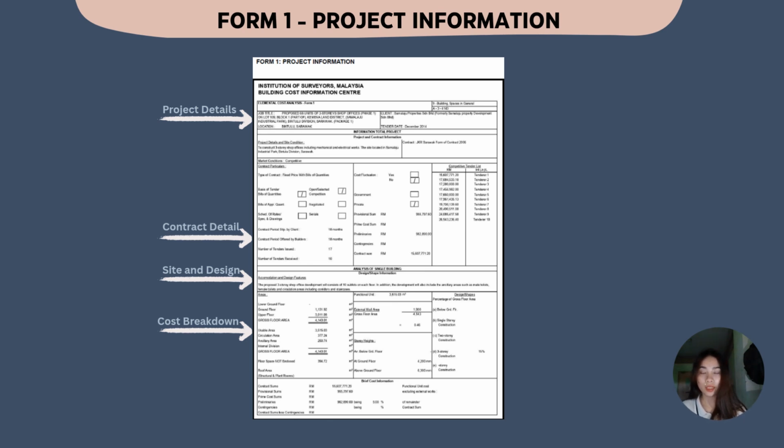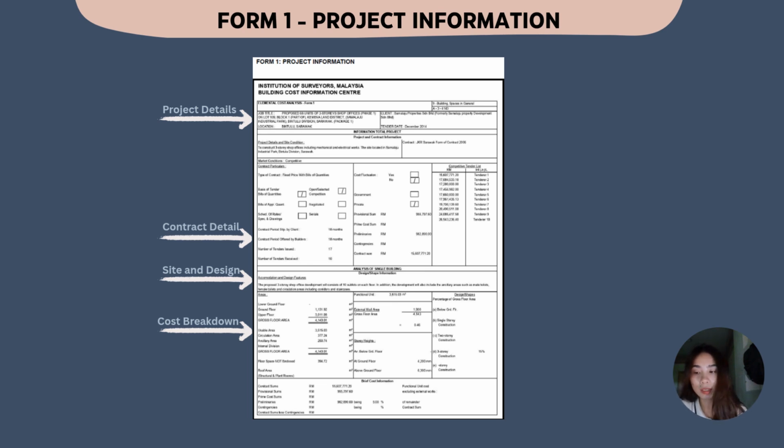The project details are: proposed 68 units of three-story shop offices, phase 1, located at Samalaju Industrial Park, Bintulu, Sarawak. This development was commissioned by Samalaju Properties Sendirian Berhad with the objective of providing commercial spaces within a growing industrial zone.